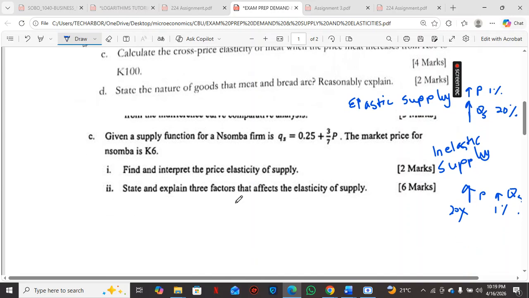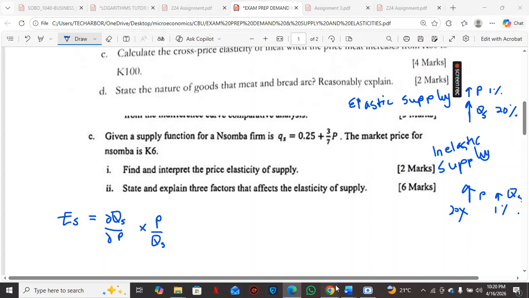The formula for elasticity of supply in such a case is: elasticity of supply equals the partial derivative of the supply function with respect to P, multiplied by the price over quantity supplied.